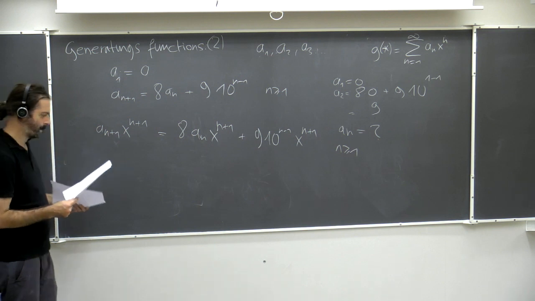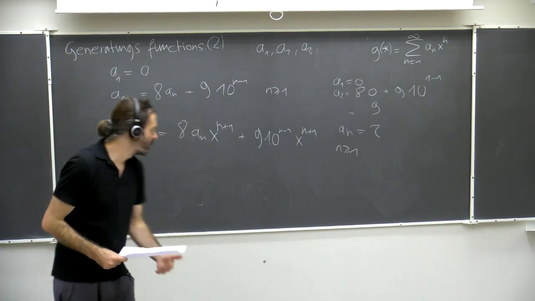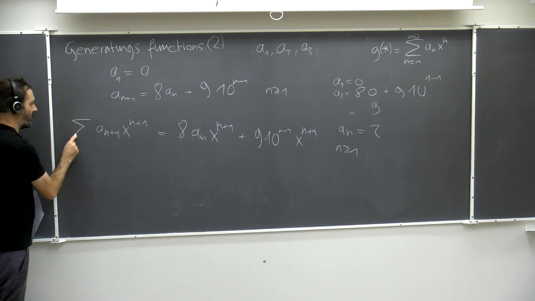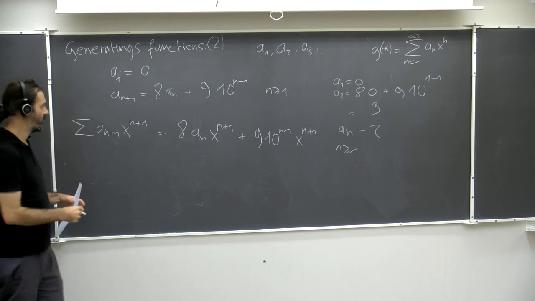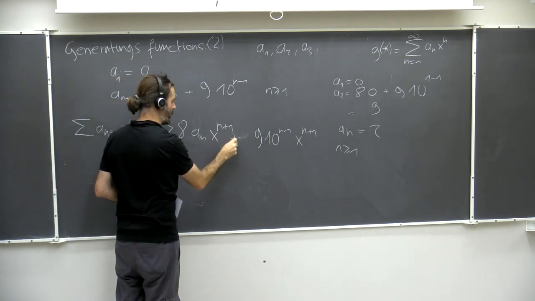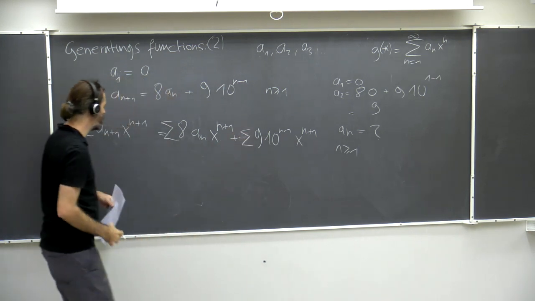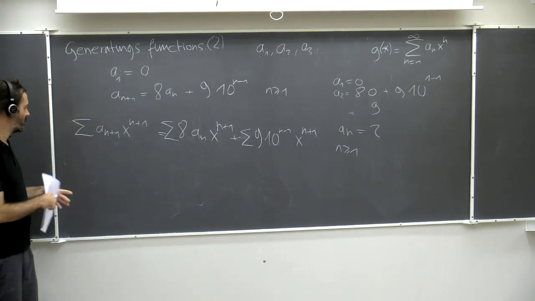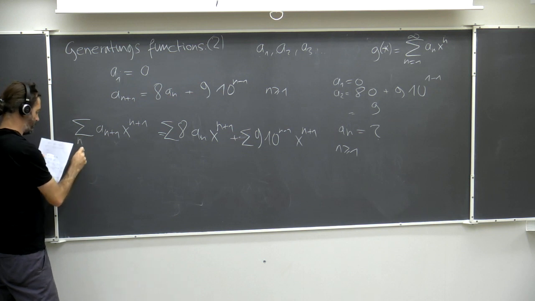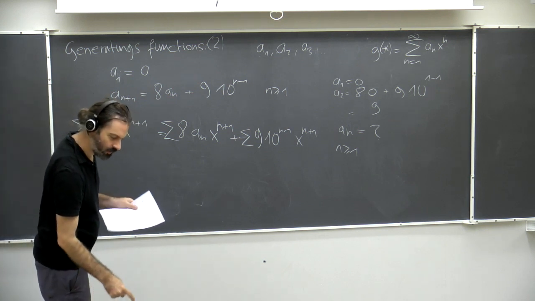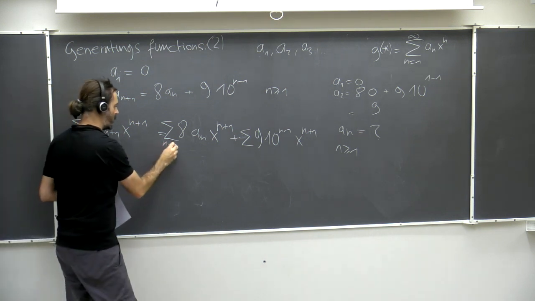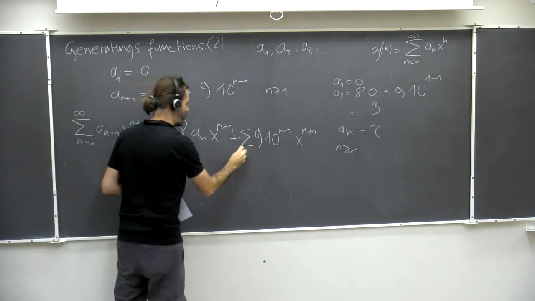So if we want our generating function, we can sum over everything on the left-hand side, but then we also have to sum over everything on the right-hand side. The sum goes from n is equal to 1 up to infinity, and then on the right-hand side as well.